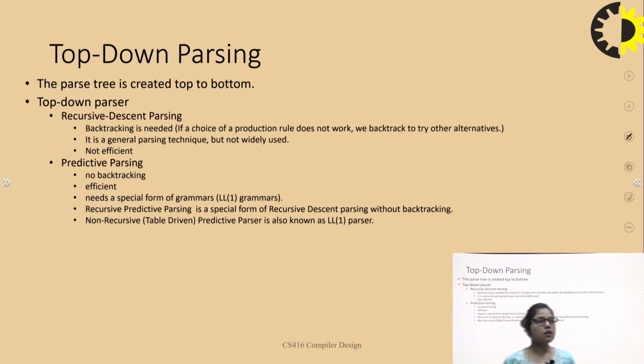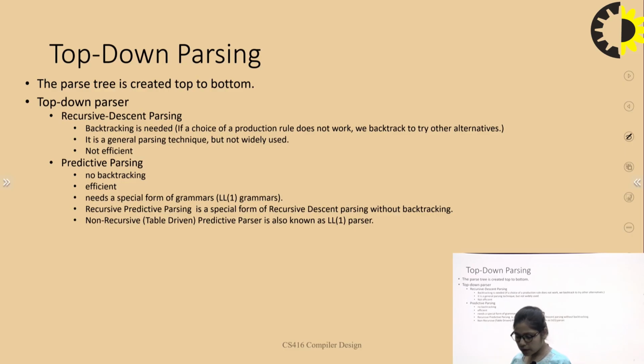In top-down parsing, the tree is created from top to bottom. Top-down parsing is of two types: recursive descent parsing and predictive parsing. Recursive descent parsing needs backtracking. If a choice of production rule does not work, we backtrack and try other alternatives.